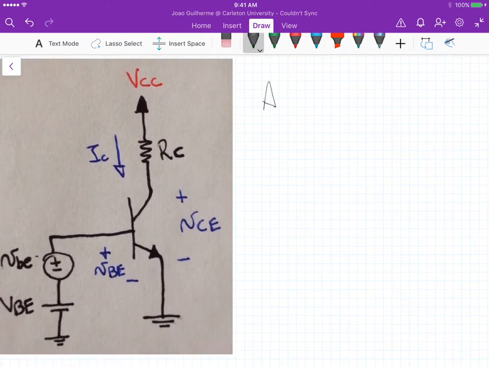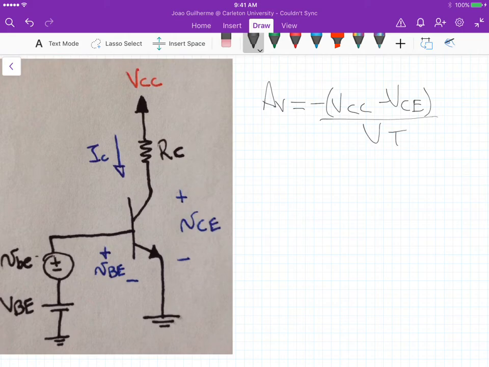the gain AV equals minus (VCC minus VCE) divided by VT, right?